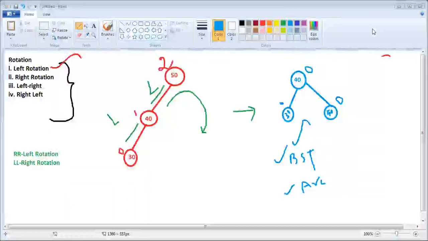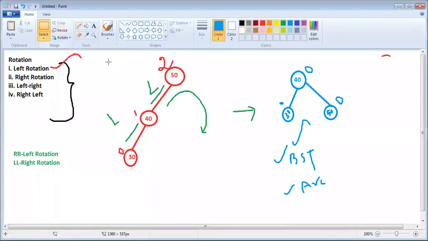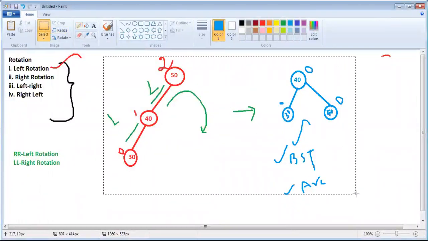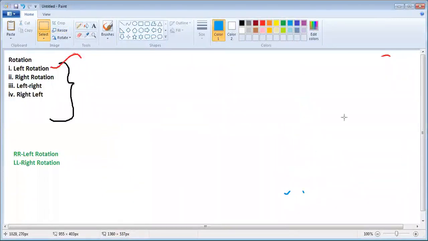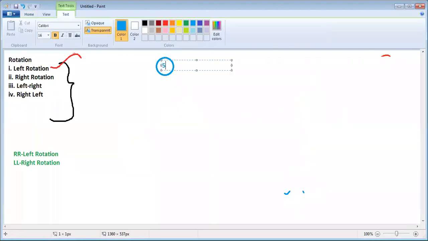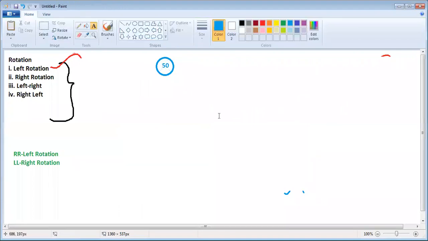Next we'll see another kind of rotation. This we will delete. For example, I'm adding value 50. Since there is only one element, no issues. And I'm adding value 40. Where do you have to insert 40? Left side, correct.